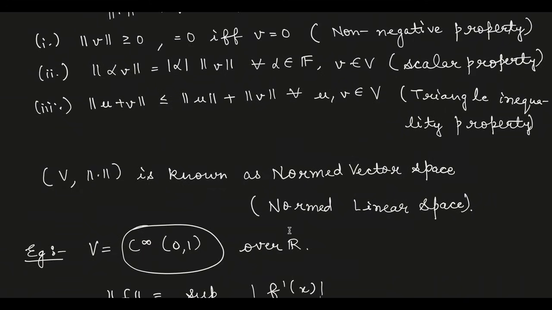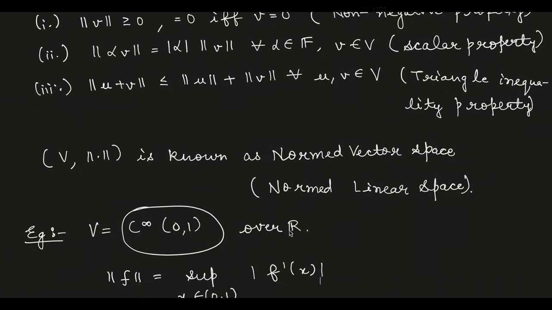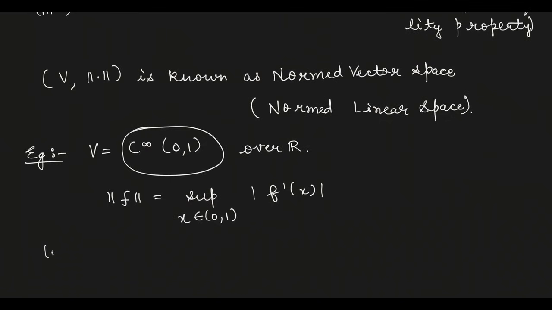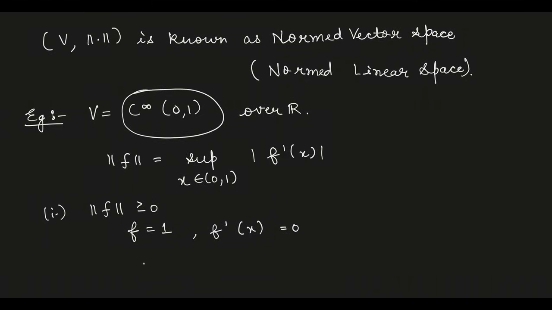So first property: norm of f is greater than or equal to 0. If I take f as 1, then f dash x will be 0. So norm of f, the supremum over x belonging to 0, 1 of mod of f dash x, is 0.